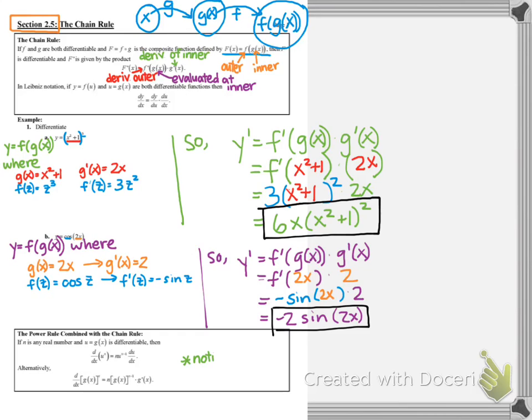When you look at the power rule combined with the chain rule, you'll look at example 3a, and it could have been calculated by taking n to be 3.